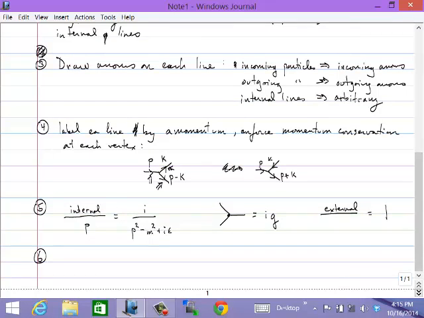Okay. So now you have this formula, but just enforcing momentum conservation will not completely fix all of the momenta that are internal to your diagram. And in particular, for an L-loop diagram, that is to say, a diagram with L internal loops, you will be left with L undetermined momenta.